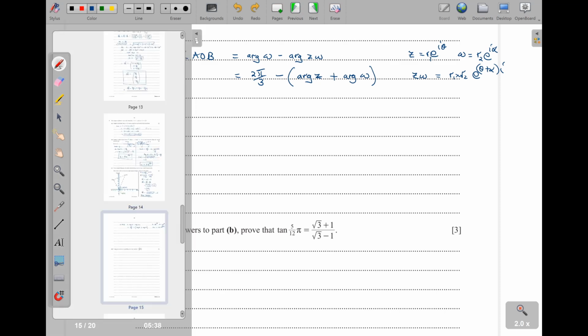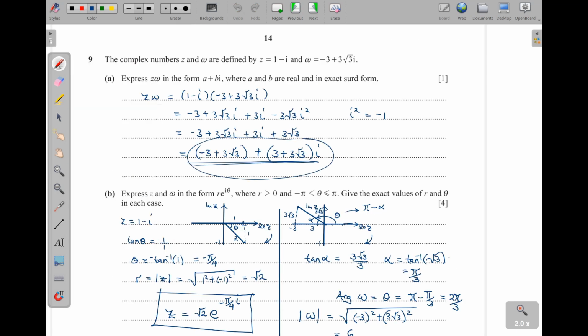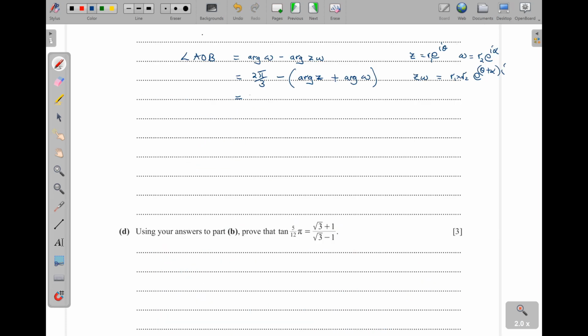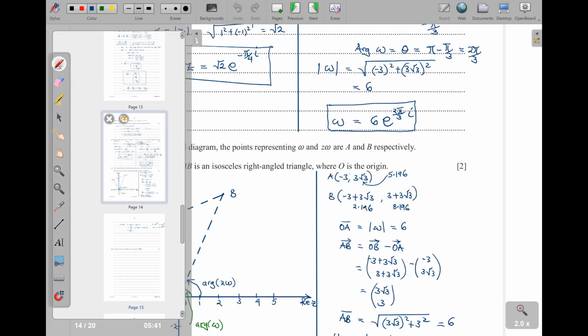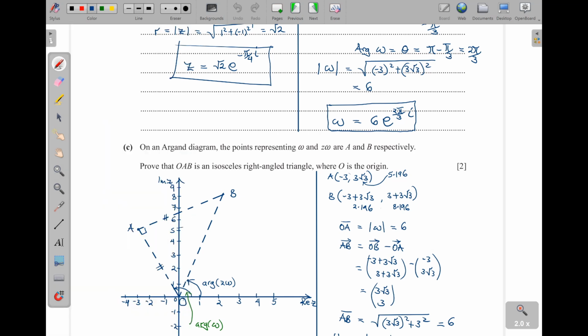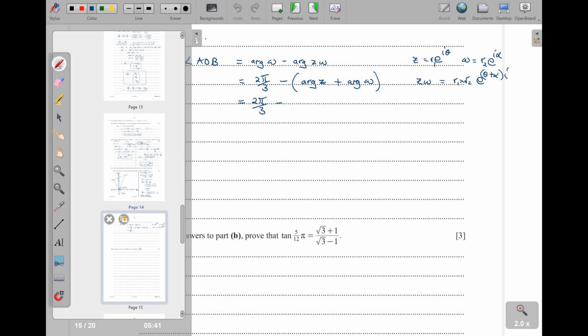Or you can use these two here to find the argument. So this will be 2 pi over 3 minus, now the argument of Z is here, it's a negative pi over 4. So when I come back here, I'll write negative pi over 4.